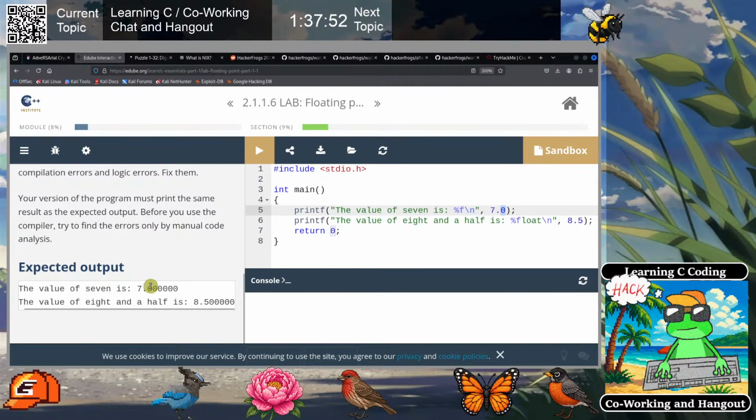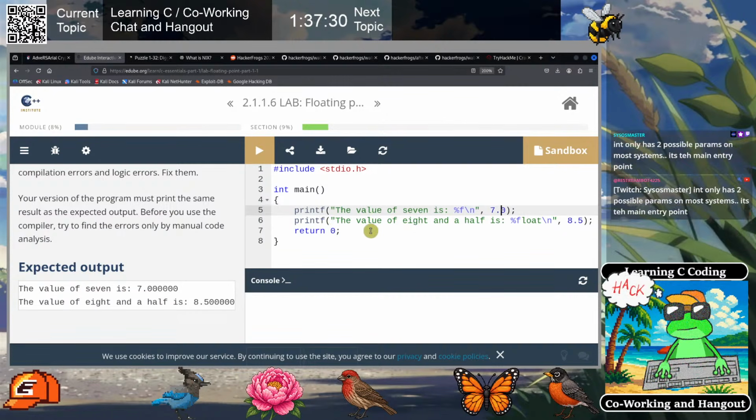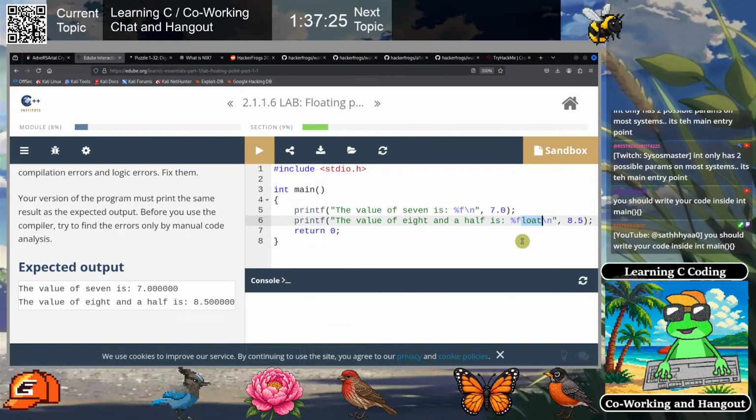Do we need to specify how many zeros to put in here? Or do we just put in 1 0 and the compiler will do the rest? Okay, int has only 2 parameters on most systems. It's the main entry point. So yeah, I'm not too sure about parameters for the main function. That's what I'm here to learn. And the value of 8.5 is... So F for float, and then 8.5. So let's see what happens if we just run this code as is.